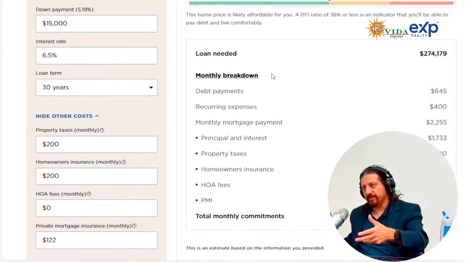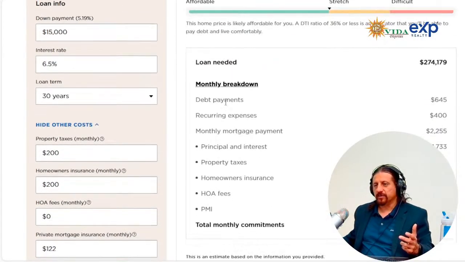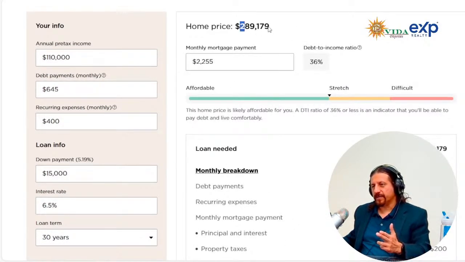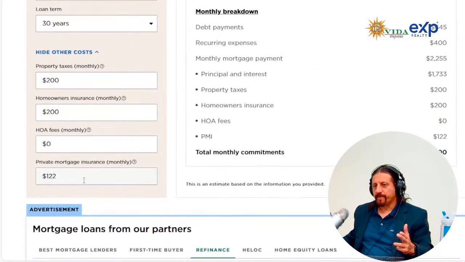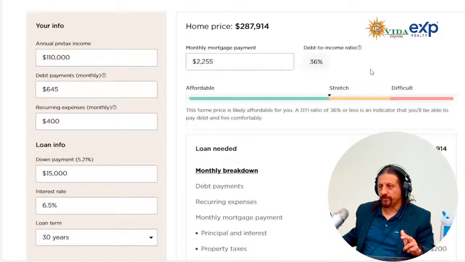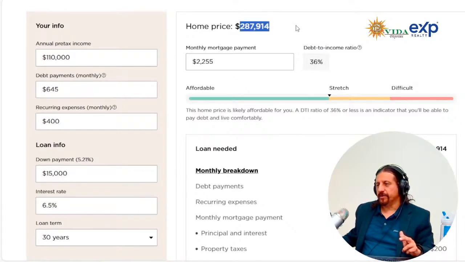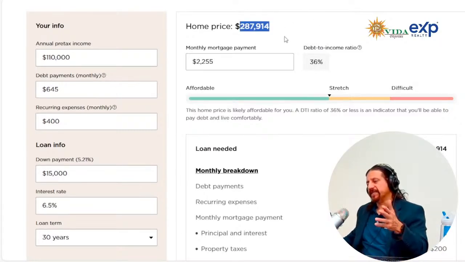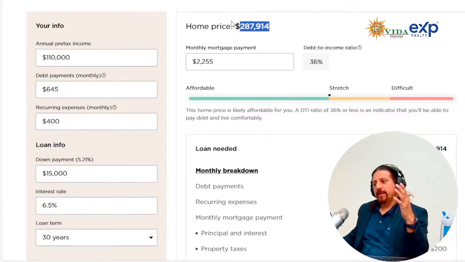PMI is based off the loan amount. So if the PMI comes down, this comes up. So I'm going to raise this a little higher. I'm going to say 130.